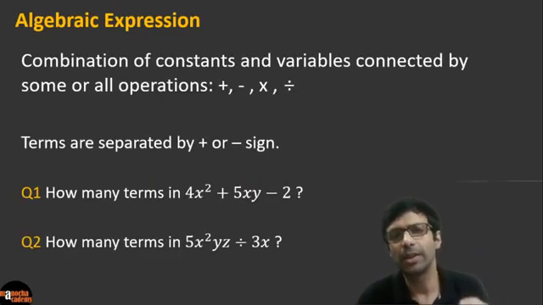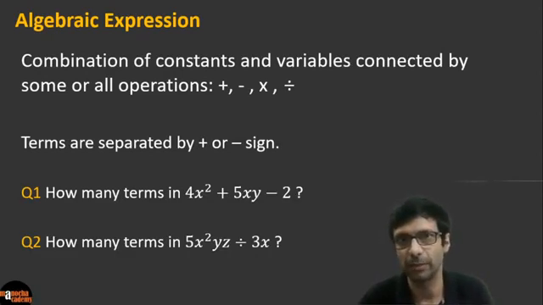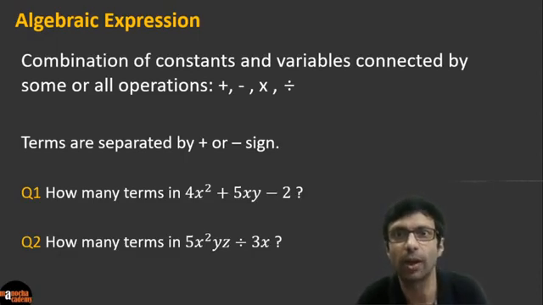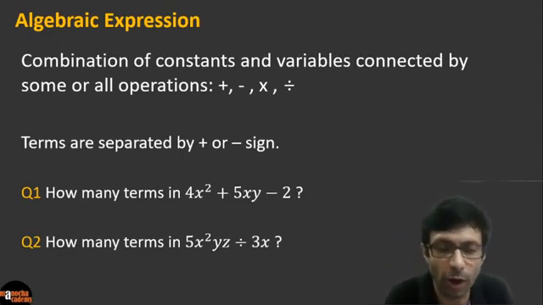Now let's be clear, what is an algebraic expression, guys? A combination of constants and variables that are connected by these operations, some of these operations or all of them: plus, minus, multiplication or division. When they are used to connect the constants and variables, we call it an algebraic expression.